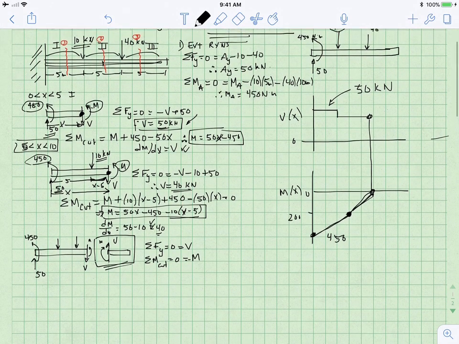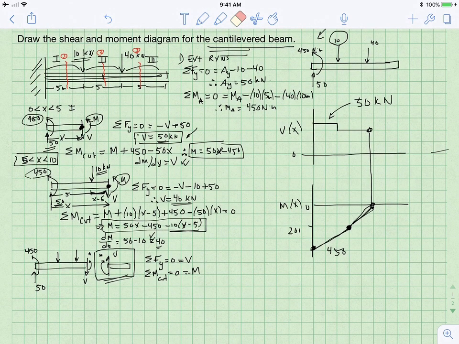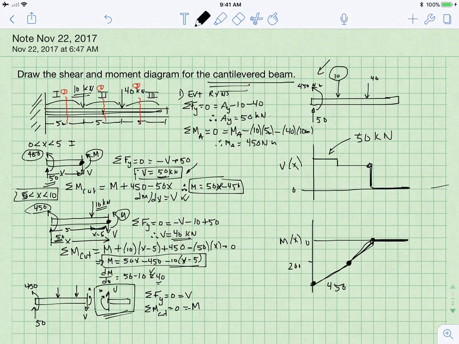In other words, what I'm saying is that we drop down by 40 to 0 as we get to the last piece of this beam, and that our moment, which was at 0, just extends on at 0 out to the end of the beam. So does that make sense? Yeah, it makes sense.